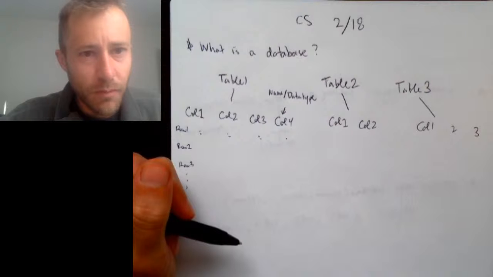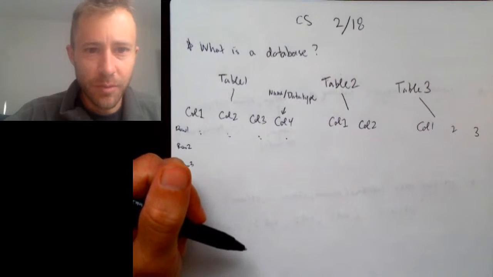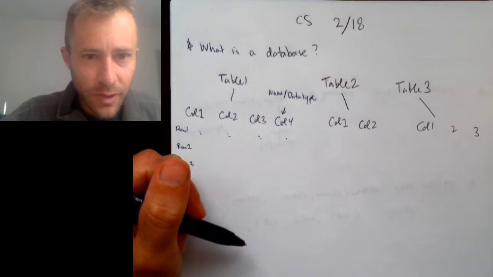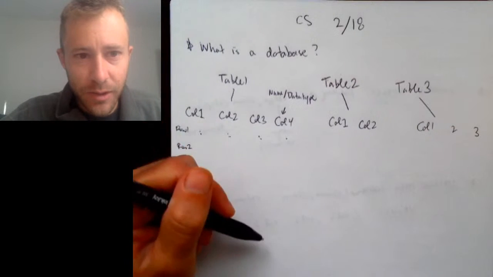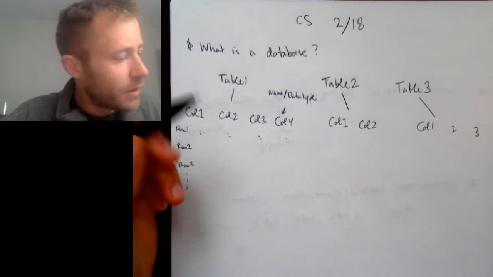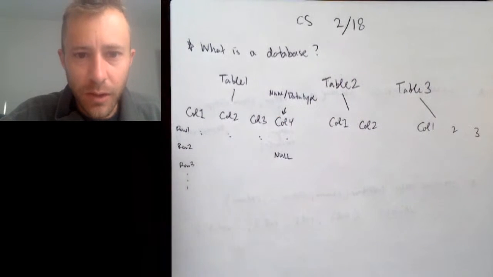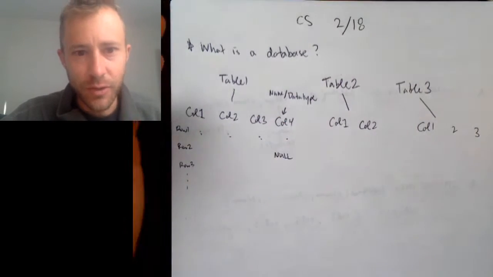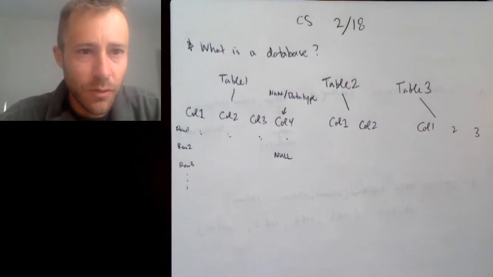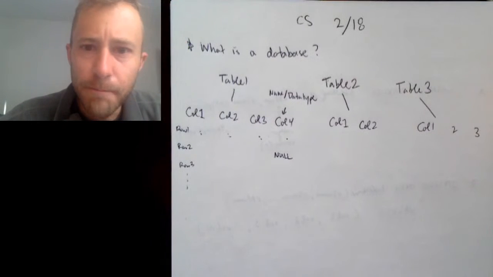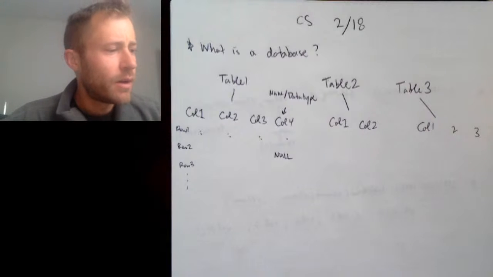And I think more and more these days people don't have landlines. So maybe you don't have an entry for the landline column. And so that entry could be null. Okay, so that just means that there is no entry for that particular row.